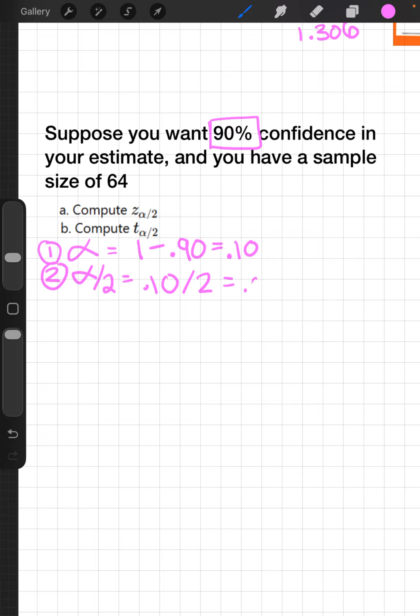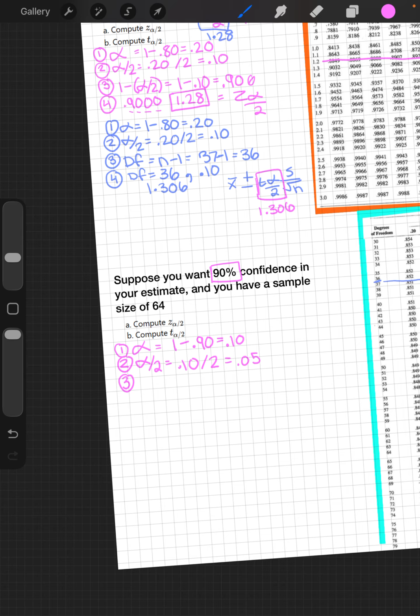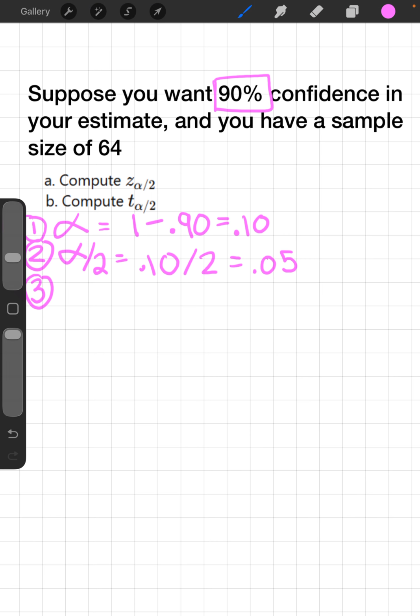It's going to be 0.05. And then three, we're going to find the area, which is 1 minus 0.05. That's going to be 0.95.